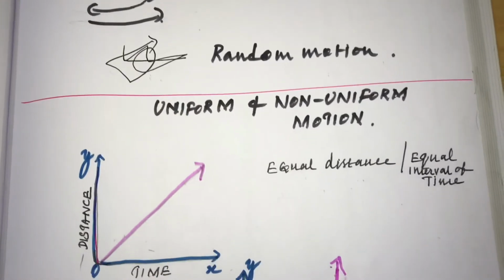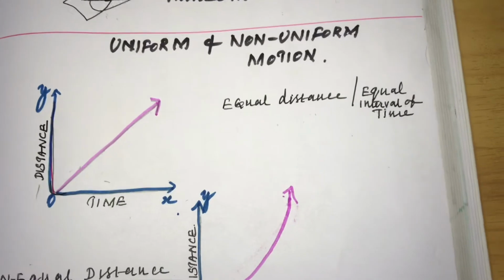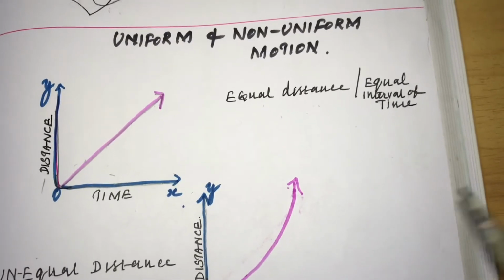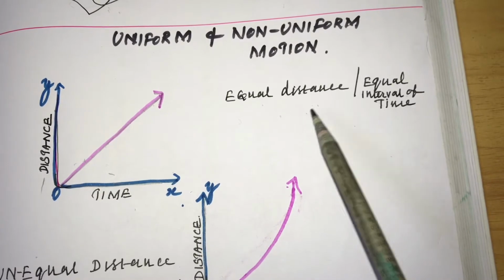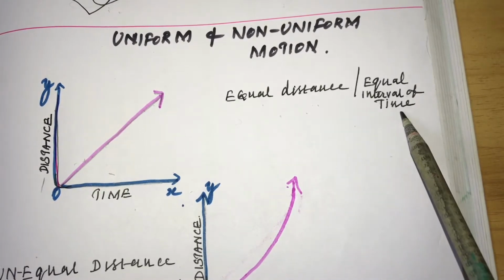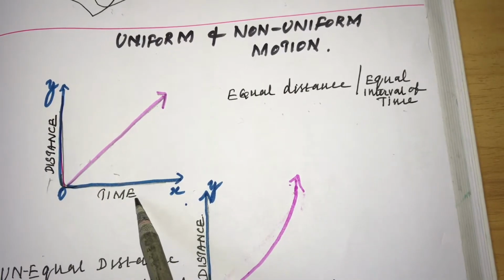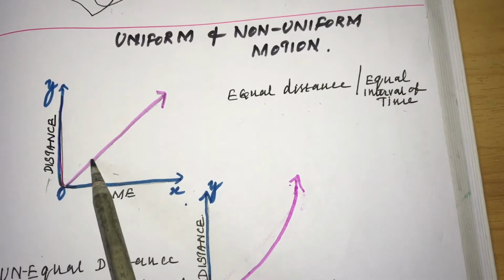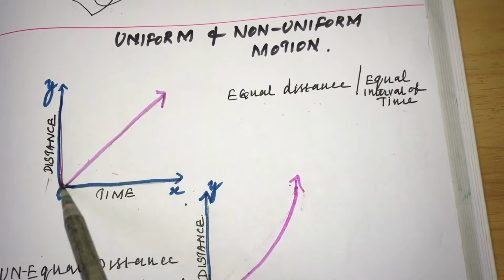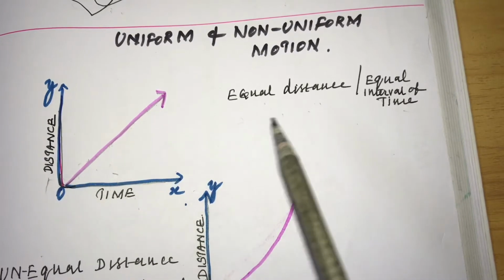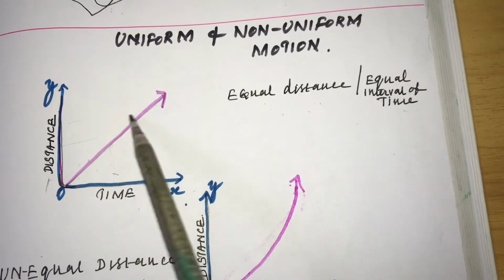Next heading is uniform and non-uniform motion. What is uniform? Uniform motion is said to be when it covers equal distance at equal intervals of time. For example, if we plot distance against time, we can point the time with the particular distance, and we get a straight line like that for uniform motion, that is for equal distance at equal intervals of time.